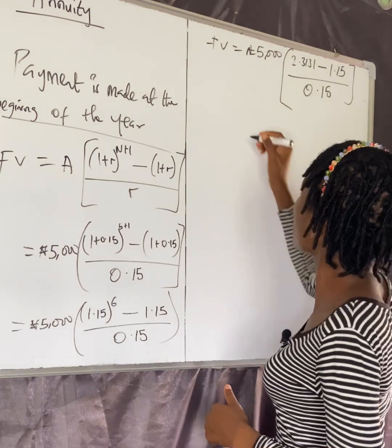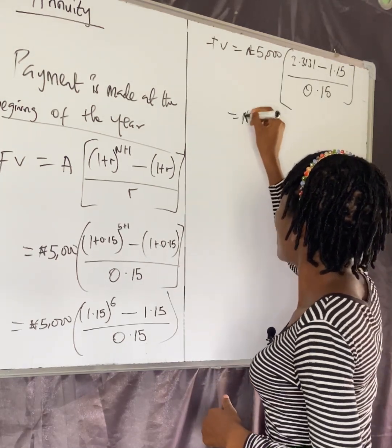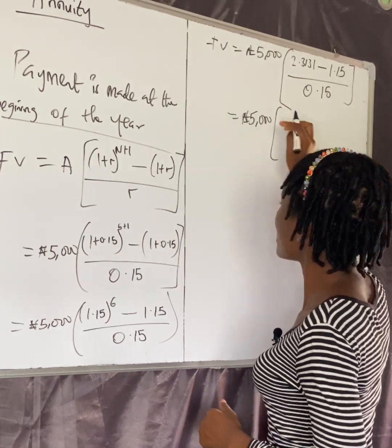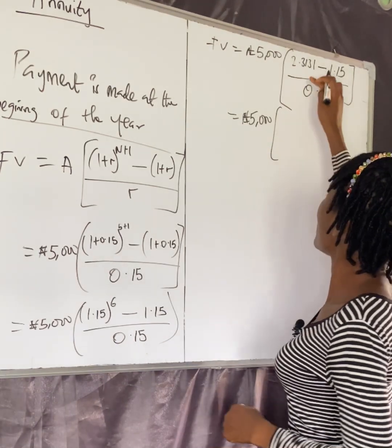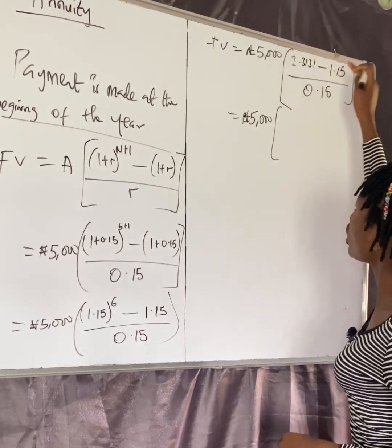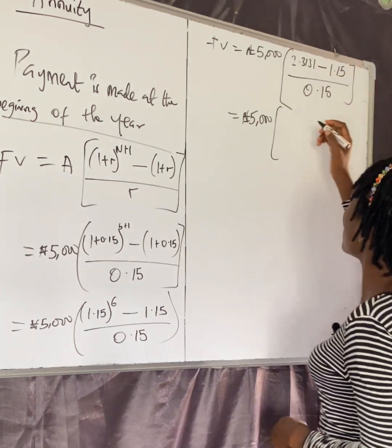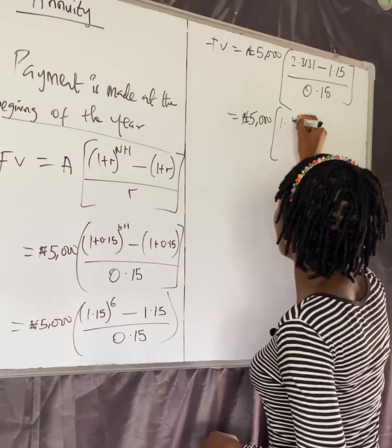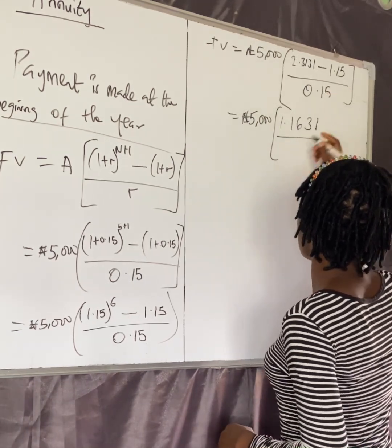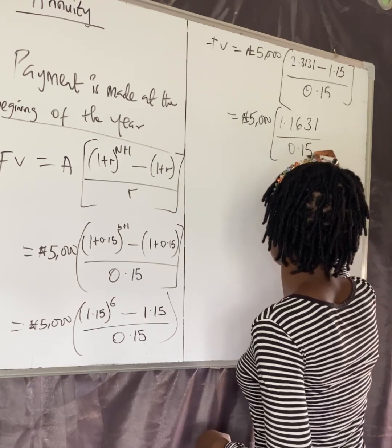So the next thing we have, our annuity amount is still 5,000 naira, that same money we are paying. And then 2.3131 minus 1.15 will give us 1.1631, divided by 0.15.